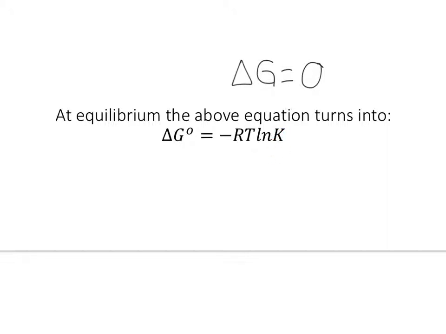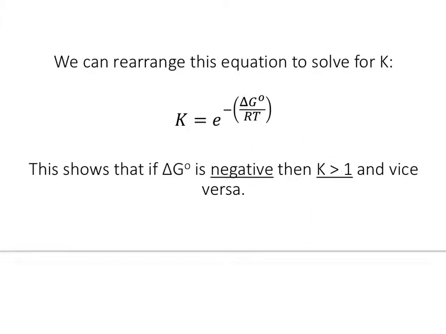Now, here's where this all starts getting kind of trippy. You may or may not like this. I find it awesome. We can then rearrange that equation to solve for K. Notice in this one equation, we have our equilibrium constant, our Gibbs free energy change, our gas constant, and our temperature.